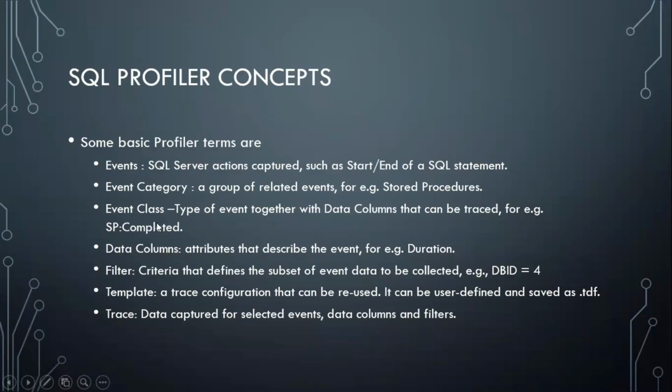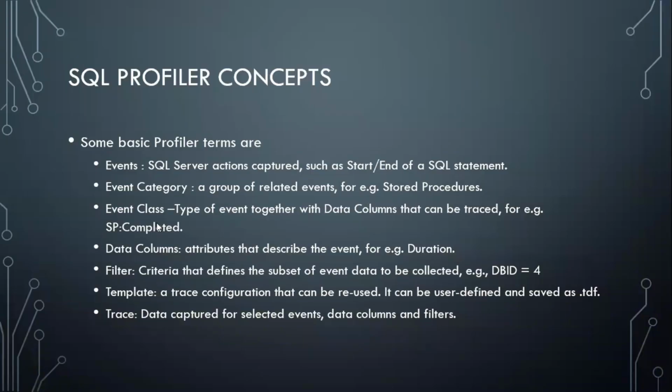So here we can see that these are all events. Stored Procedures is an event category, and then RPC is an event class. RPC has three events in it: starting, completed, and the output parameters. Similarly, SP has some events inside it. These are the events that we can select from while creating a trace.